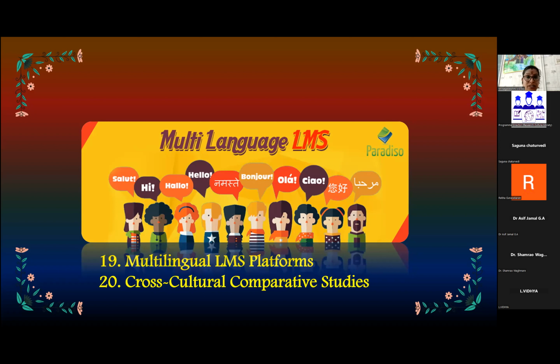How does this multilingual LMS platform help learners? This can be studied, and this could enhance the effectiveness over time. How effectively they facilitate language acquisition in various linguistic contexts can be studied.